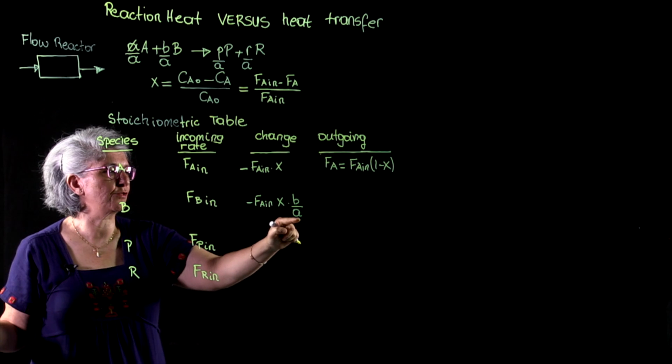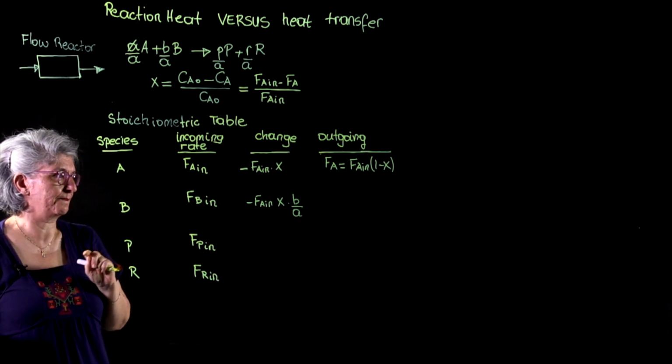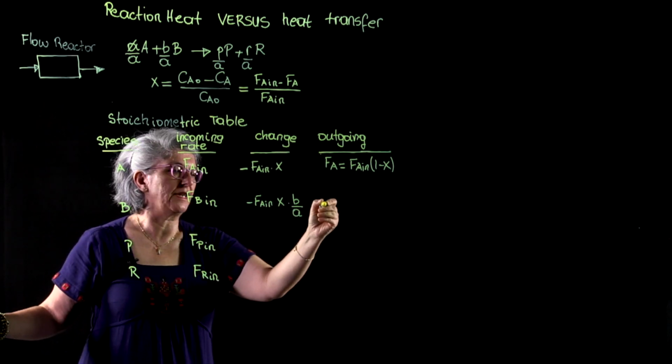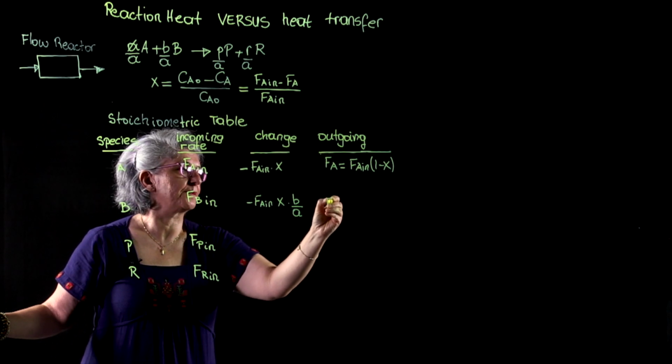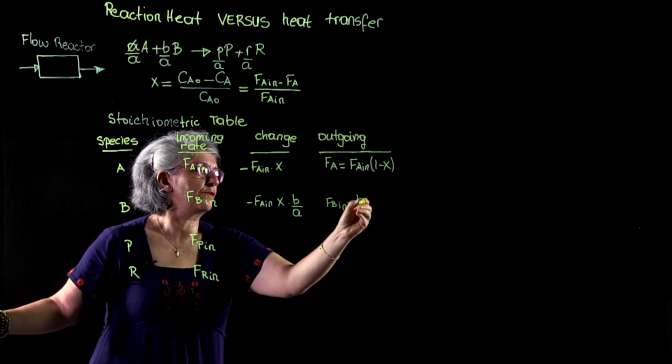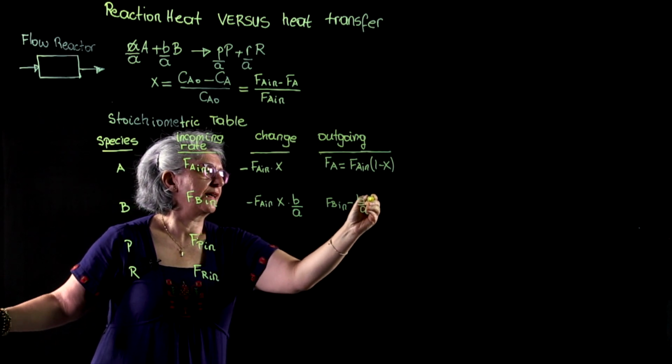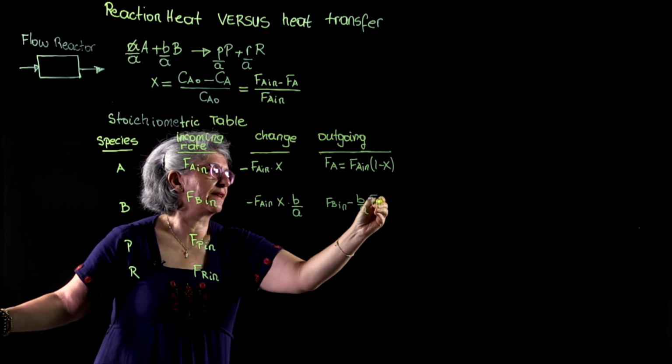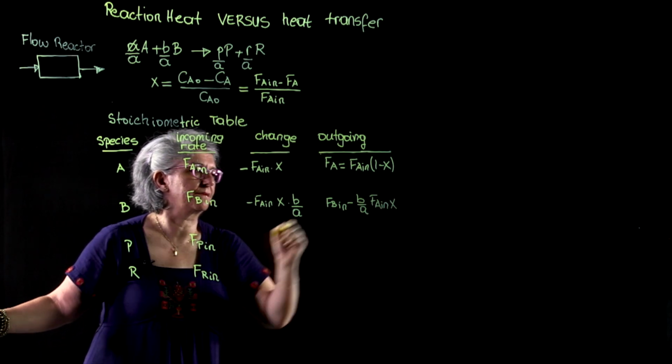I divide by the stoichiometry of A and multiply by B. So this is going to be FB in minus B over A, FA in times X.